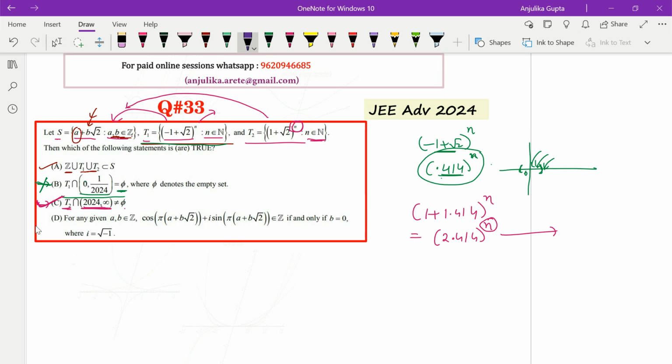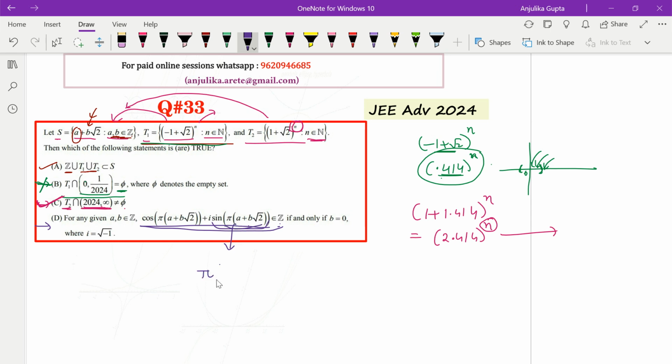Okay, let's focus on D. For any A and B in the integer set, this is an integer if and only if B is 0. So let's assume that the whole thing is an integer. That means the imaginary part is 0. Sine of anything is 0 when its argument is an integer multiple of pi.